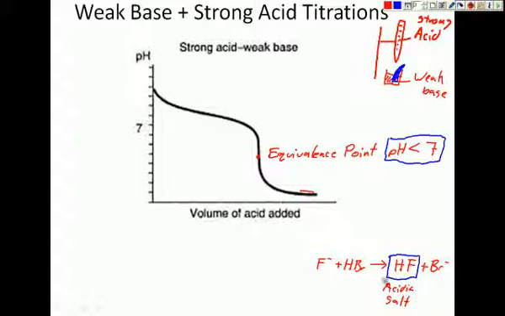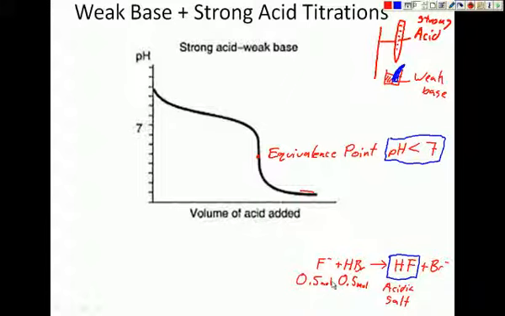So at the equivalence point, now remember, equivalence point just means that this ratio is equivalent. So if we had, say, 0.5 moles of HBr, an equivalence point would be that the molar ratio is stoichiometrically equivalent.